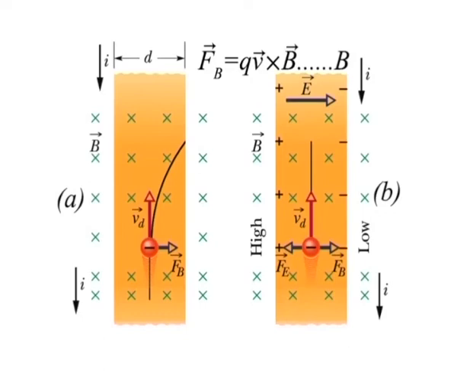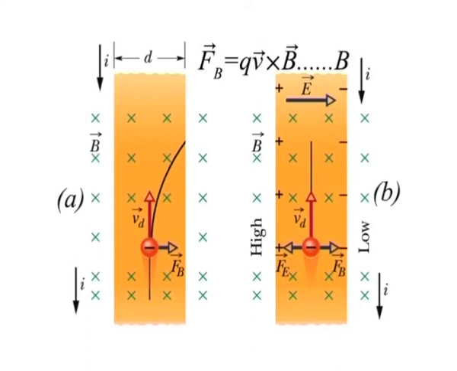As time goes on, electrons move to the right, mostly piling up on the right edge of the strip, leaving uncompensated positive charges in fixed positions at the left edge.